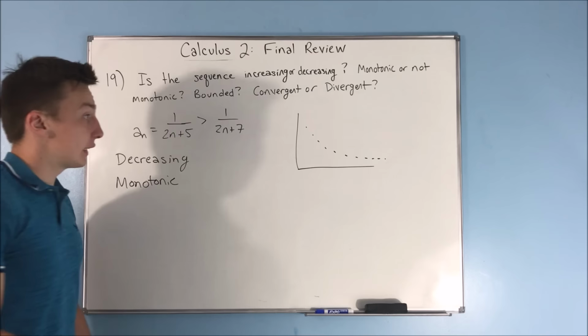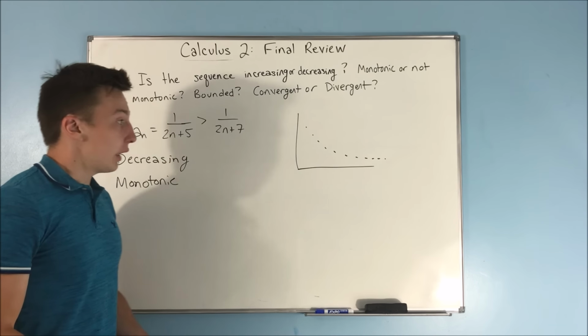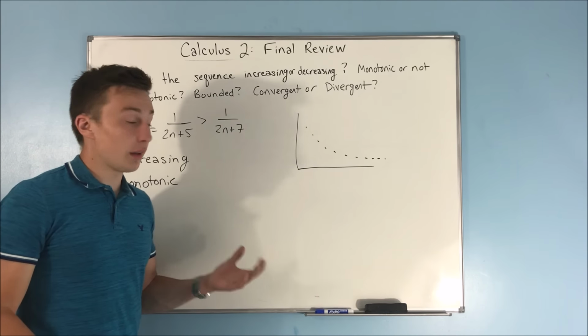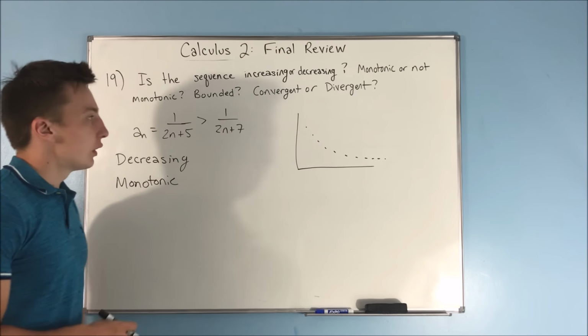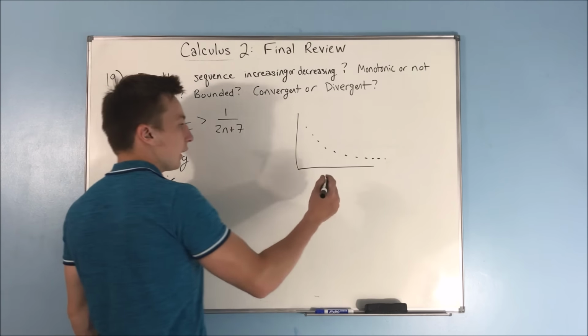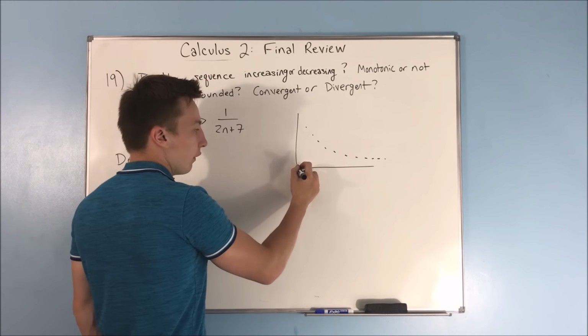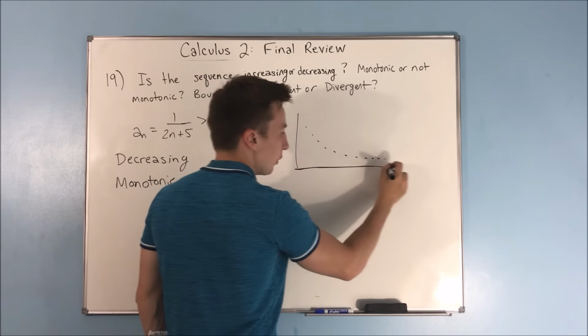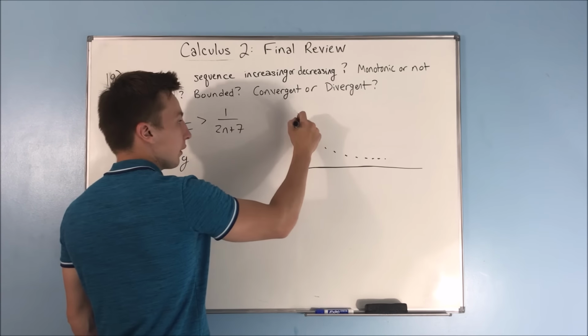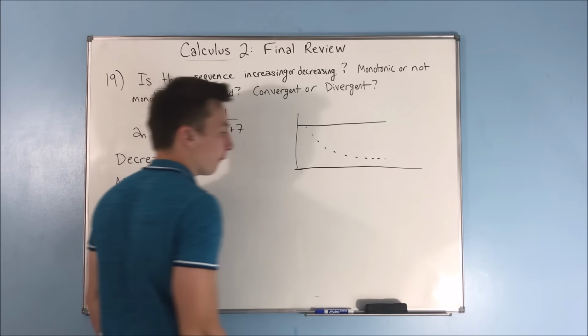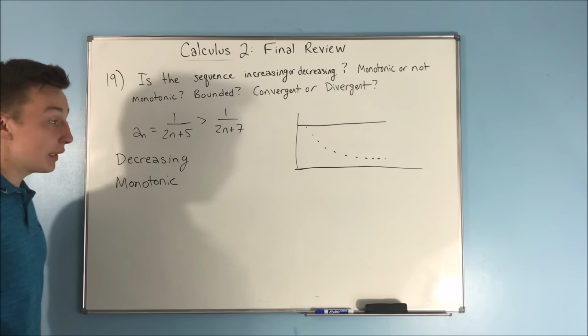That may not be exactly what it looks like, but it's going to be along those lines, because you have something that looks like 1 over n. So you can see here that it's going to be bounded on the bottom. You can definitely see that. But since it's strictly decreasing, it's also going to be bounded on the top. Okay, so that means it is bounded.